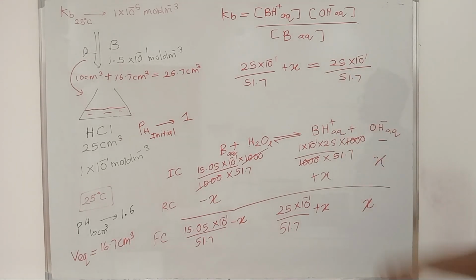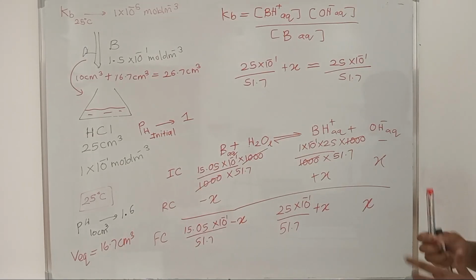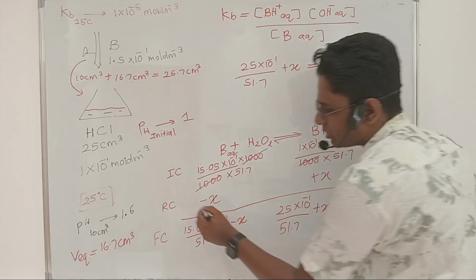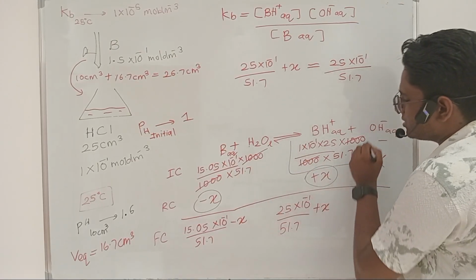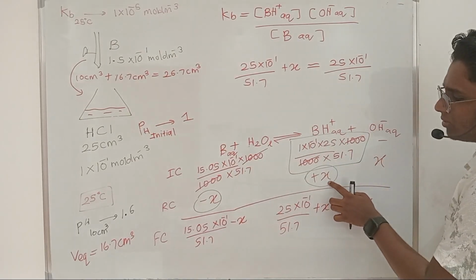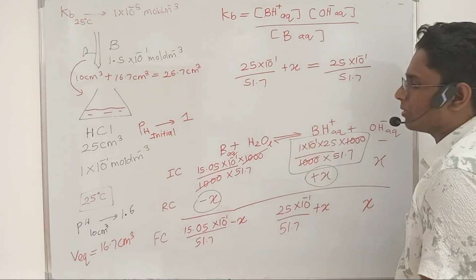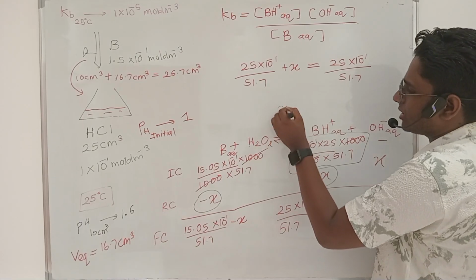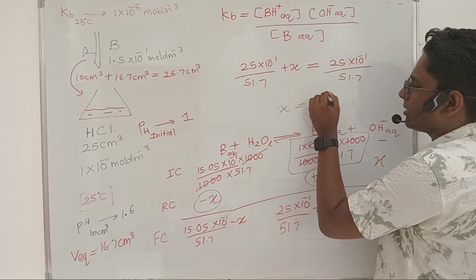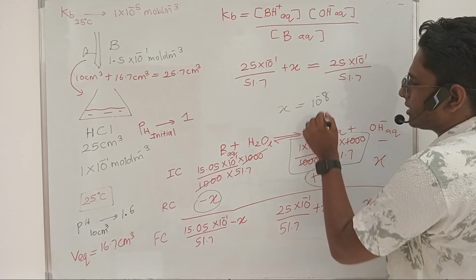This is our assumption, right? Because this x amount is breaking and x amount is forming. Compared to this value, this x amount that is formed is a very small amount. For example, this x might be in 10 to the power minus 7, minus 8 values.